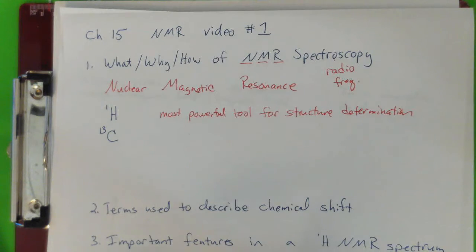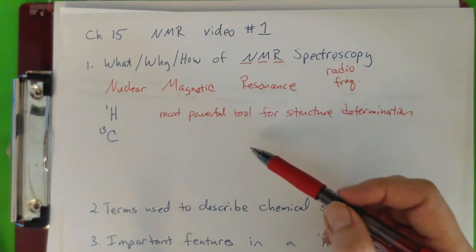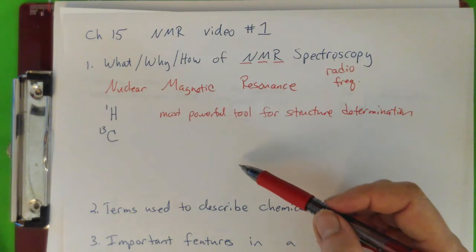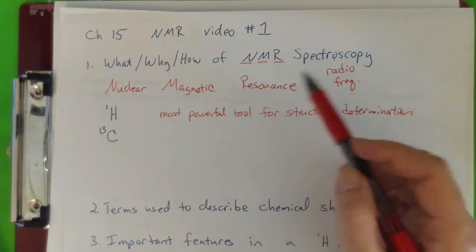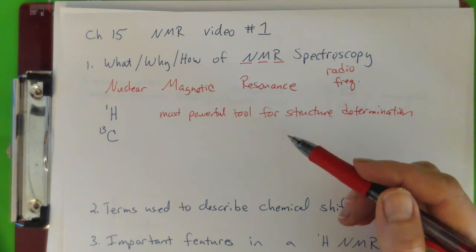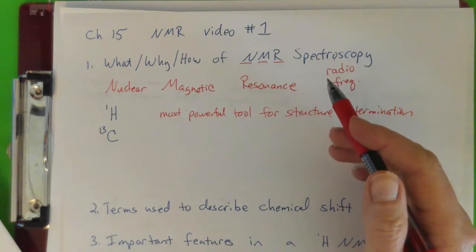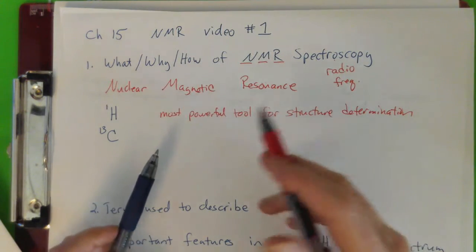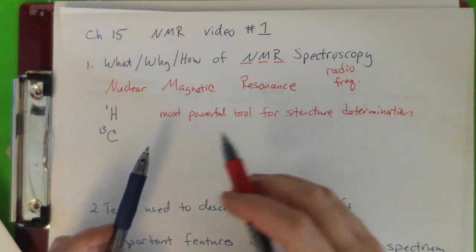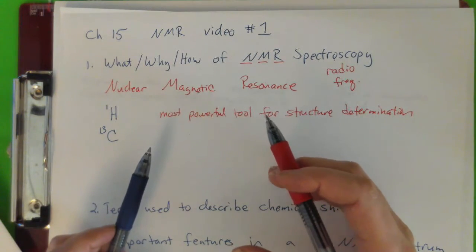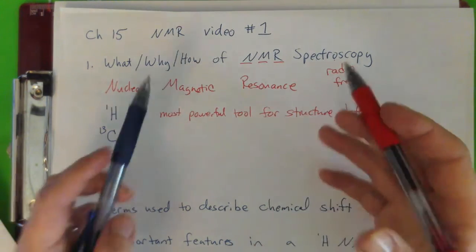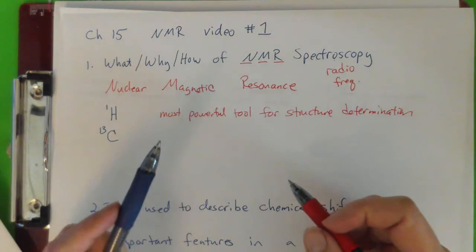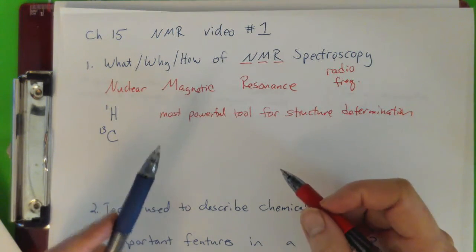So we can determine the carbon-hydrogen framework of our compound using this type of spectroscopy. So it's really, really, really powerful. Typically in a laboratory setting, you carry out some type of synthesis, you purify the compound as best you can, and then you go take an NMR to see, did you get what you think you got?